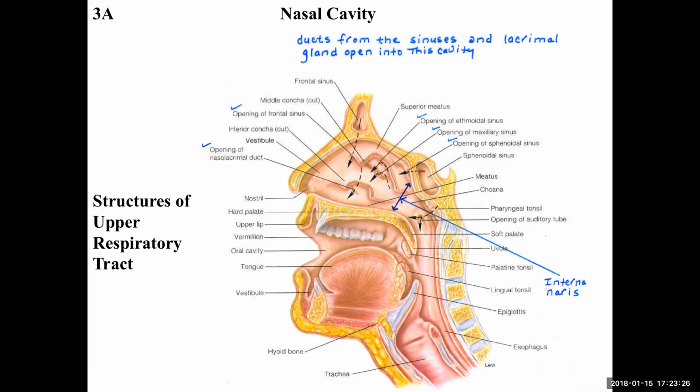So you can see here, for example, down here, we can see the inferior concha, okay? And then you can see over here the middle concha, which has been cut, and then there's the superior, but it's not really shown.